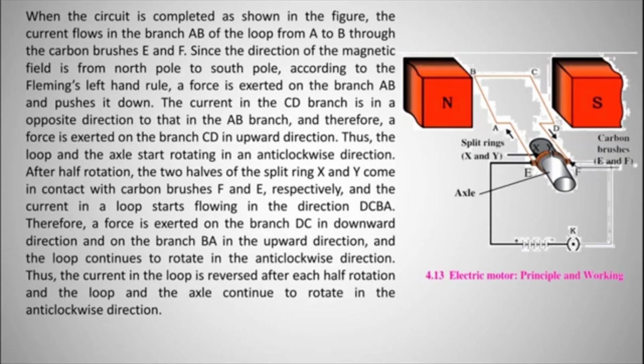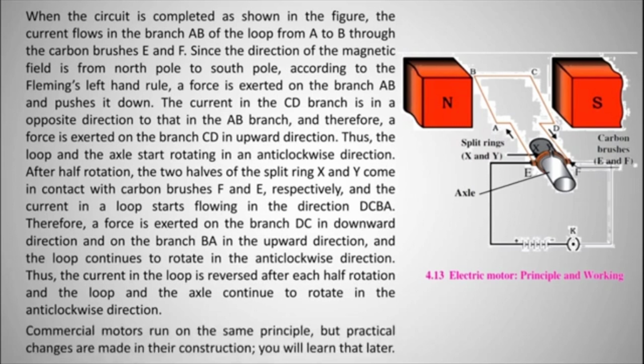Thus, the electric motor performs half cycle, that is, after every half rotation of the loop, the current in the loop is reversed. Commercial motors run on the same principle, but practical changes are made in their construction. You will learn about that later.